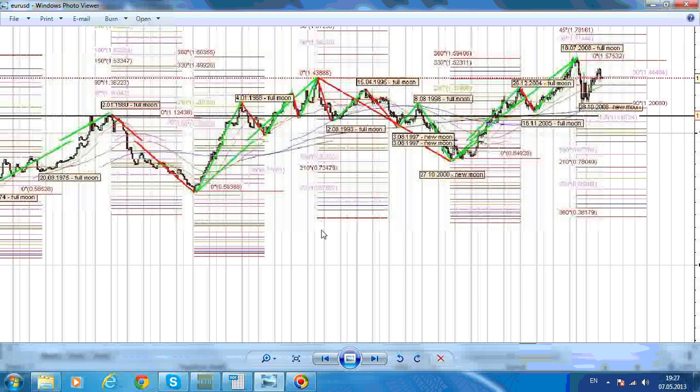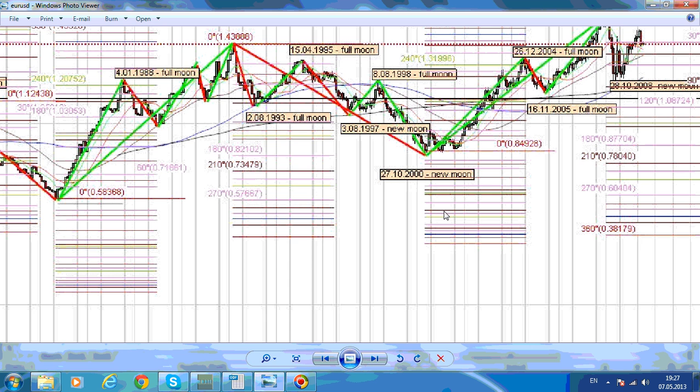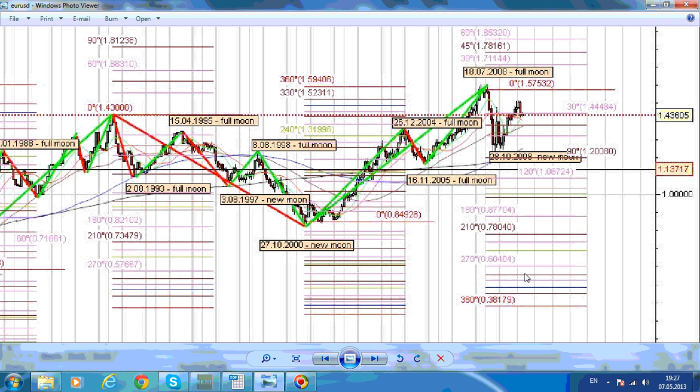So with this new moon, full moon concept, I end here the second chapter on astrology in trading. It is extreme in thinking, because it is disregarded by many.